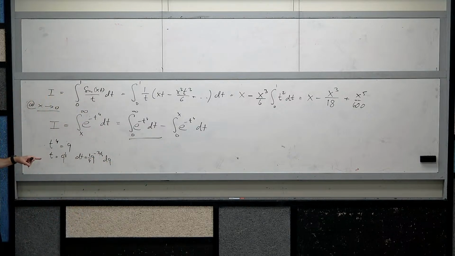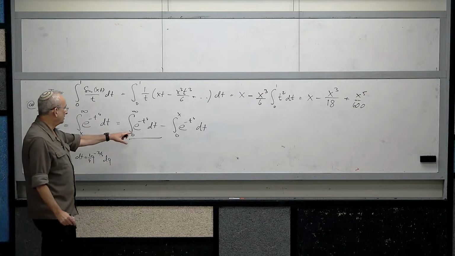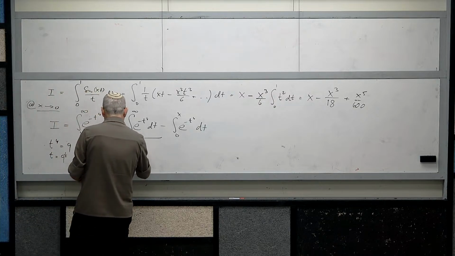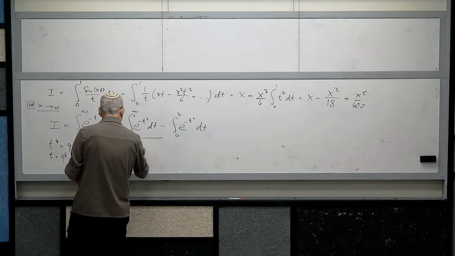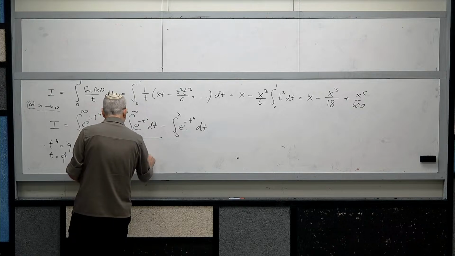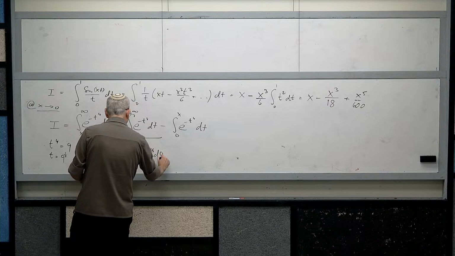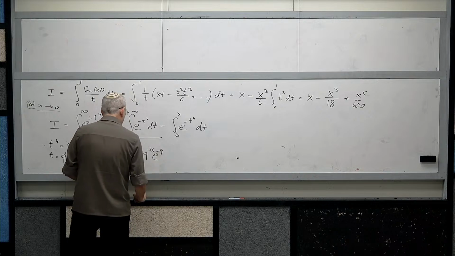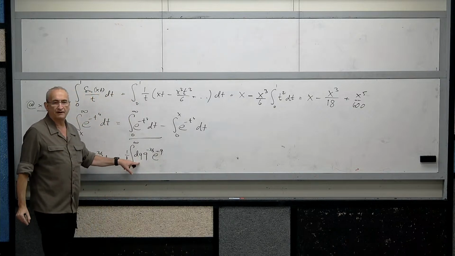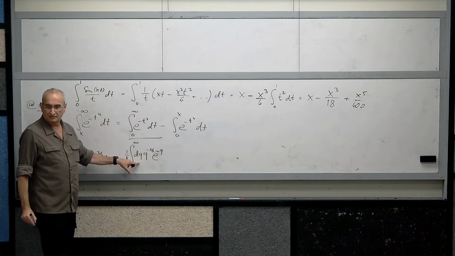So it's the gamma function. Exactly. So this integral I can write as the integral from q equals 0 to infinity of 1/4 times q to the minus 3/4 times e to the minus q dq, and this is a gamma function of 1/4.